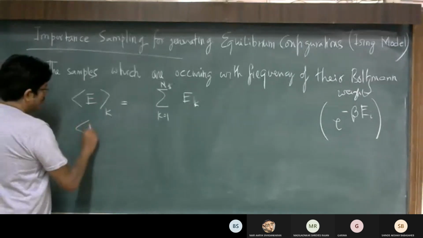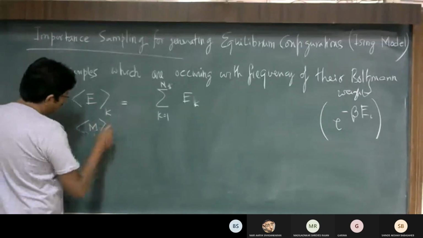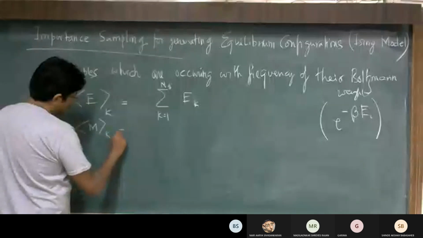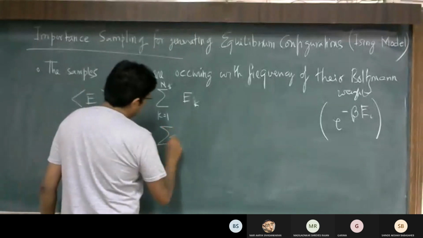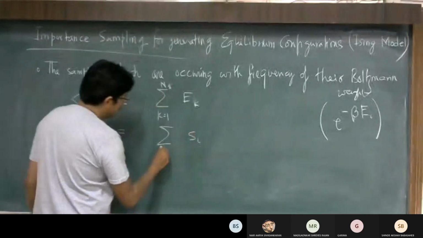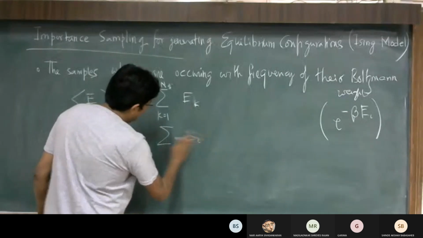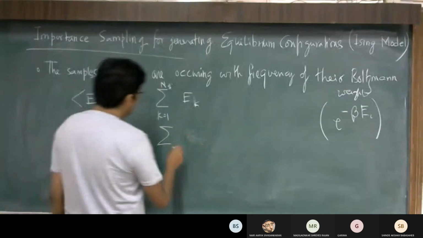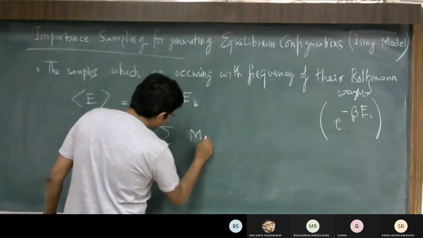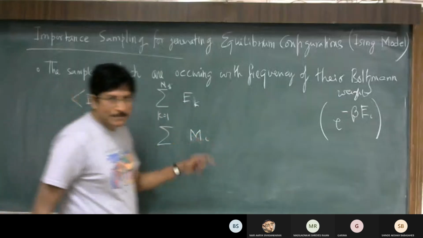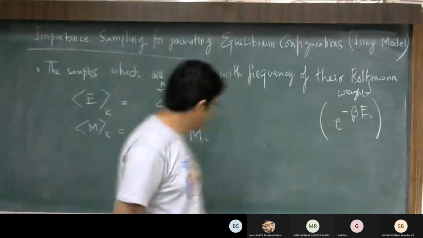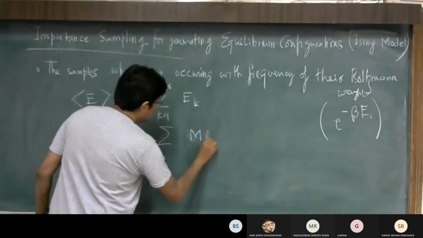Or for instance, if you would have wanted to find out the total magnetization of the system, then what you would have done is add all the spins. Recall, if you have to find out the total magnetization, then you have to find out the individual magnetization for each of the samples. Here I'm talking about the total magnetization.